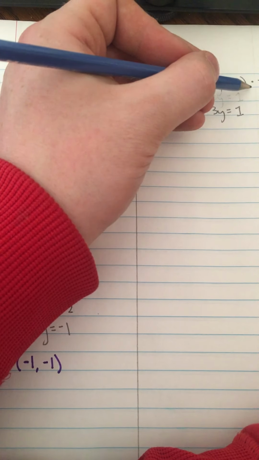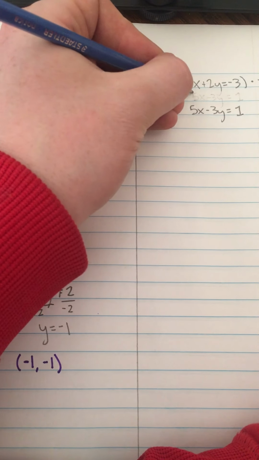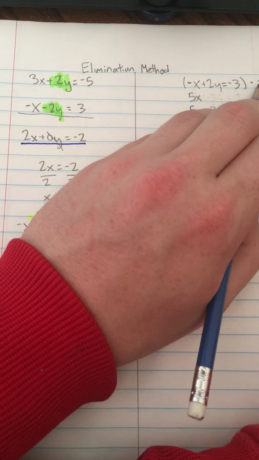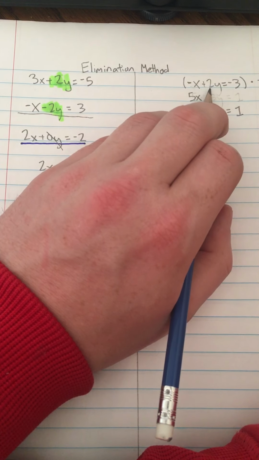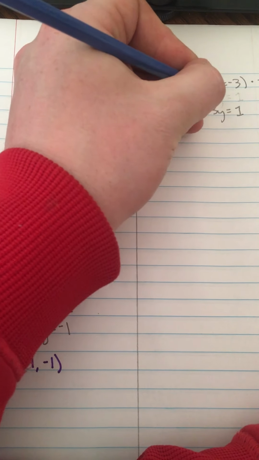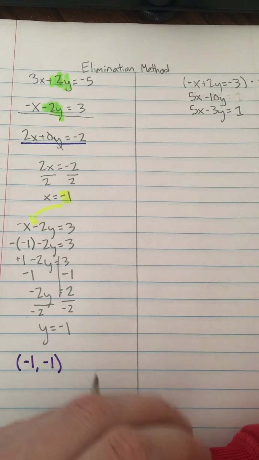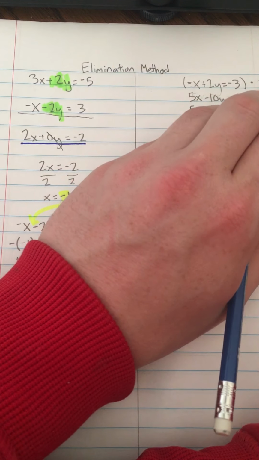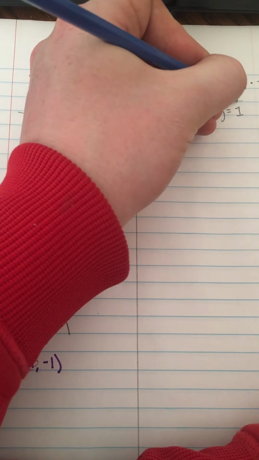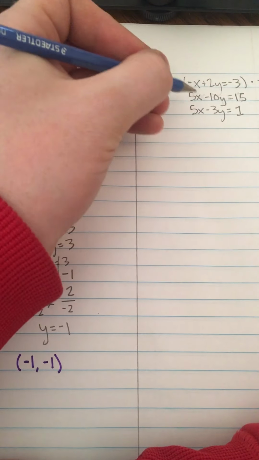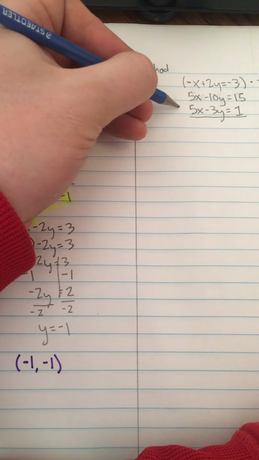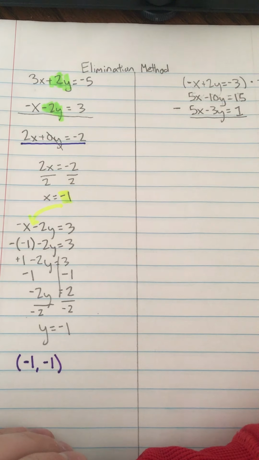And I'm going to put my solution right underneath it. So -5 times -x would be 5x. -5 times 2y would be -10y. And -3 times -5, a negative times a negative is a positive, so that would be positive 15. And so now I'm going to take these two equations and I'm going to subtract these equations.